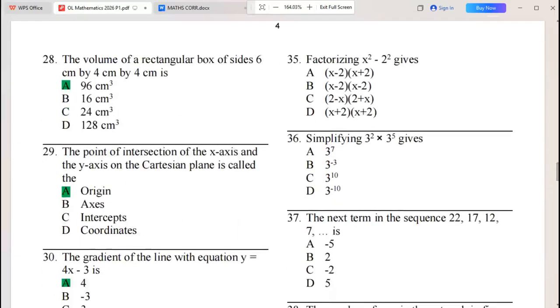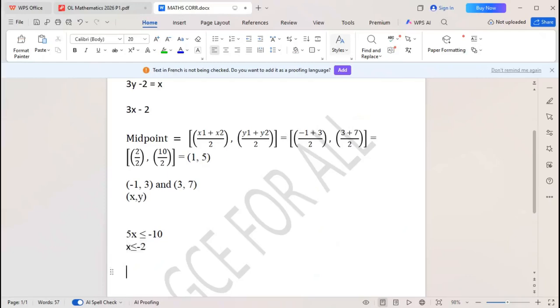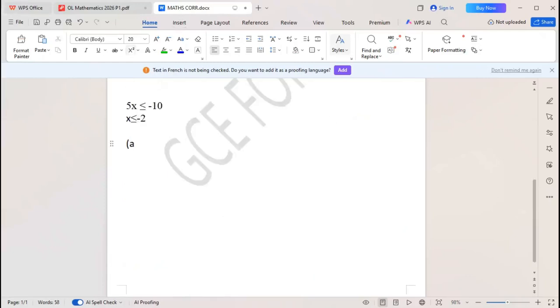Question 35. Factorizing x squared minus 2 squared gives. To do this, we simply use the formula for the difference of two squares. Note that x squared is a square, minus 2 squared, which is another square. This is the difference of two squares. And the formula for the difference of two squares, a squared minus b squared, is equal to a minus b times a plus b.